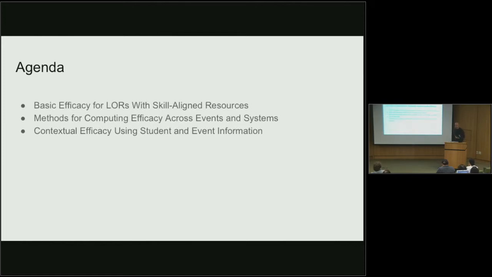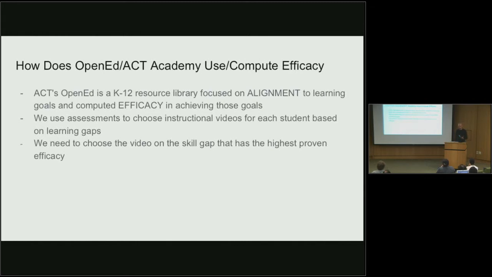So how do we compute efficacy? As mentioned, with OpenEd, it's really not about our specific videos. To be honest, we probably have all the same videos that just about every lure has. Our thing is to try to figure out what they're aligned to through machine learning, which is not the subject of this talk, and how to compute efficacy towards those goals. We use assessments to choose the instructional videos.